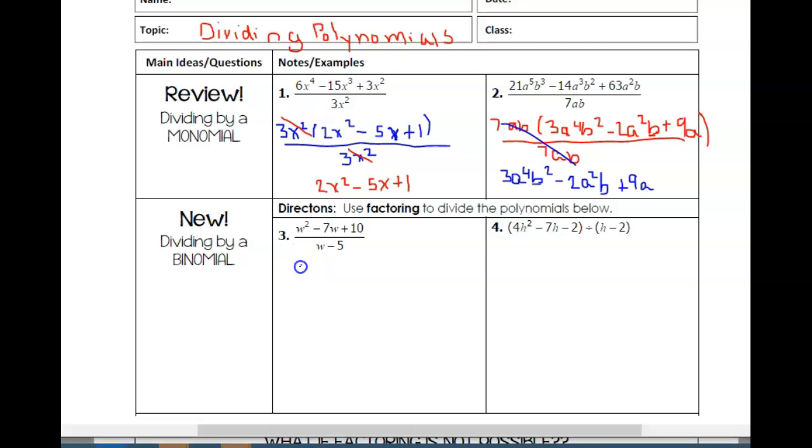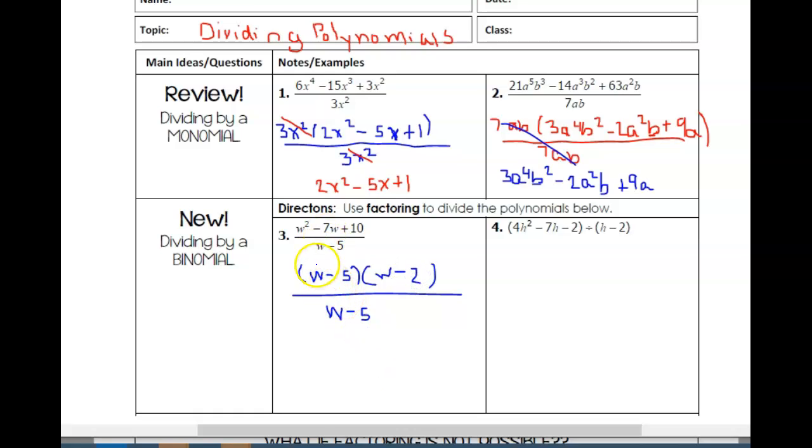I want to go ahead and factor the numerator, and then I'll factor the denominator. Well, actually, we already have that factored as w minus 5. Numerator, product sum factoring: two numbers that multiply to a positive 10, add to a negative 7. I am thinking w minus 5 and w minus 2.